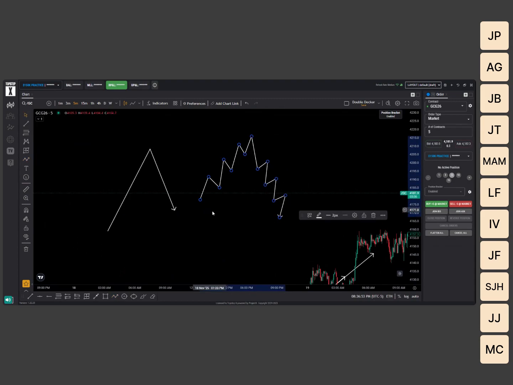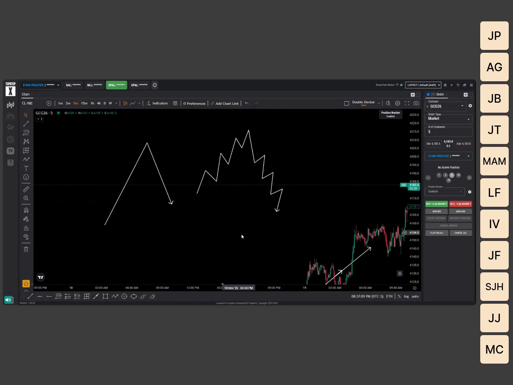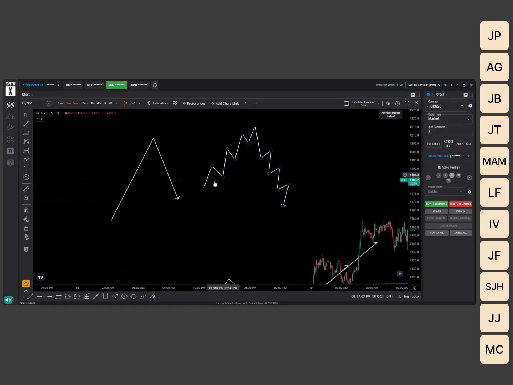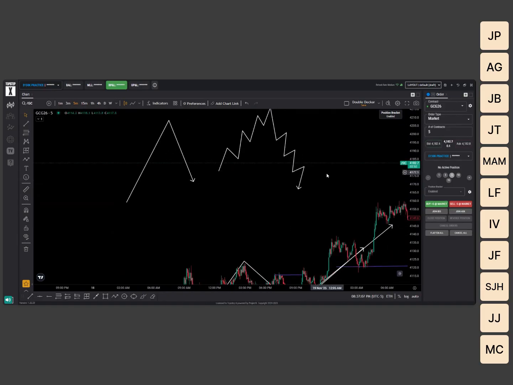It's going to look like this. You're just going to have breaks of structure occur more frequently, right? But that doesn't mean that this is determining the trend. This is just a representation of this on a smaller scale.